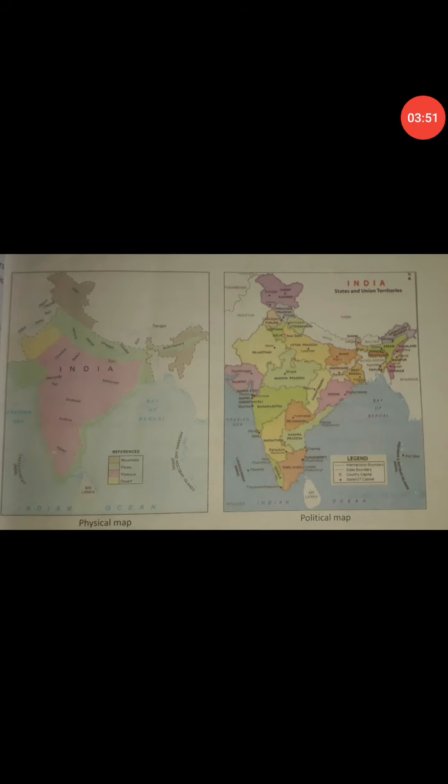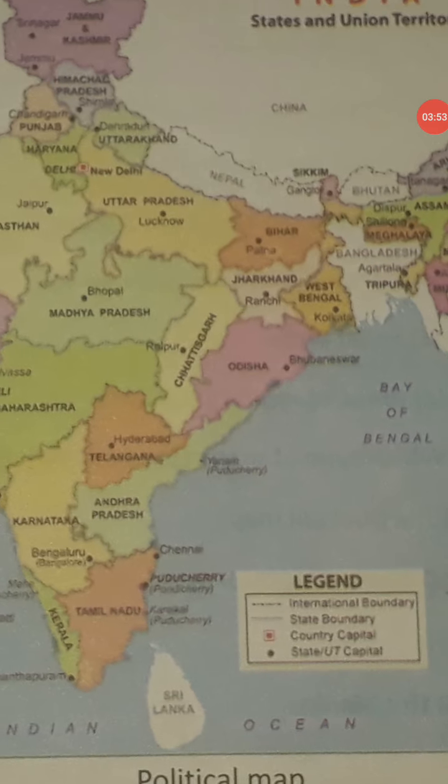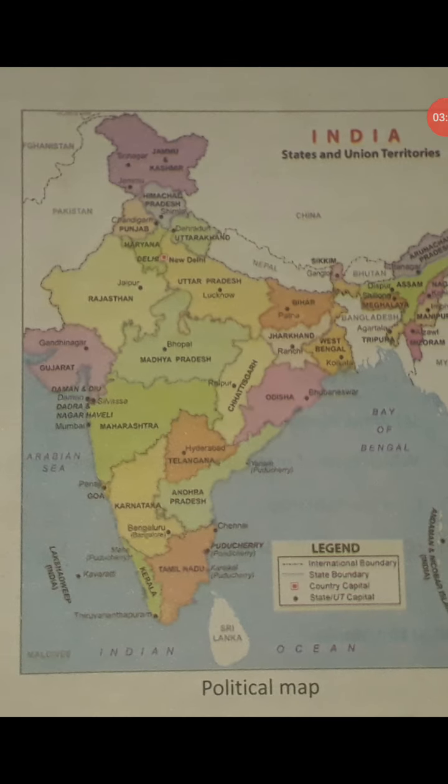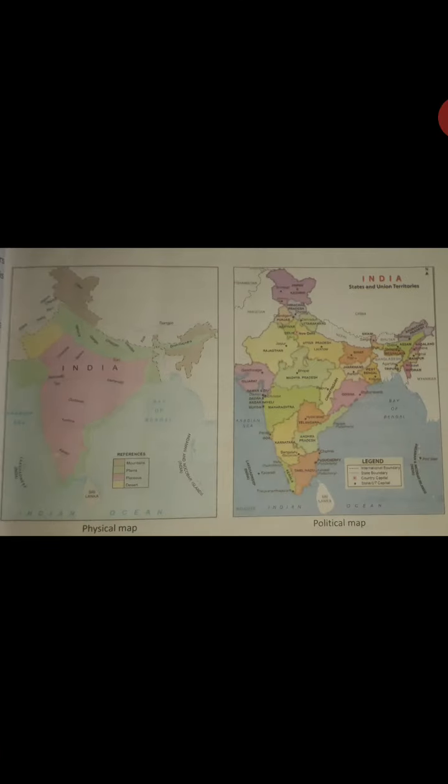Now, we have talked about types of maps. Now, I am showing you two types of map and see the difference. Now, you can see these two maps. This is a political map and this is a physical map. You can see the difference.